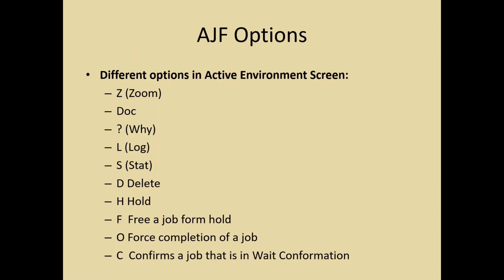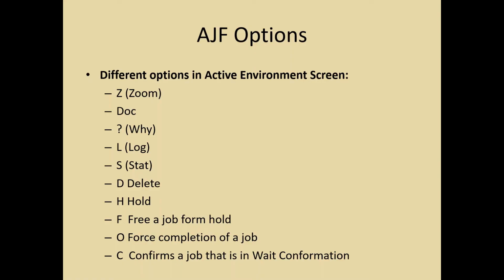So from here, all the important commands which we use in option 3 are explained. Z stands for zoom. Suppose there is a job called job A in option 3.